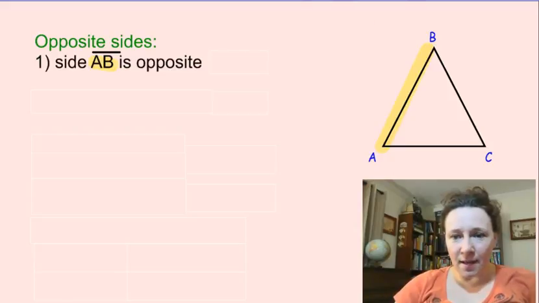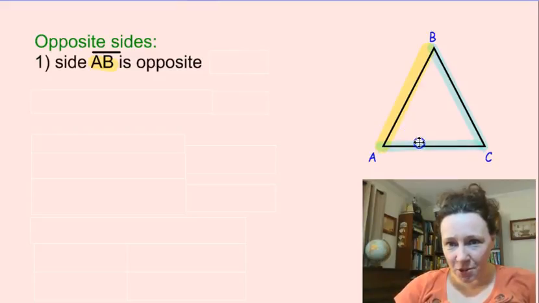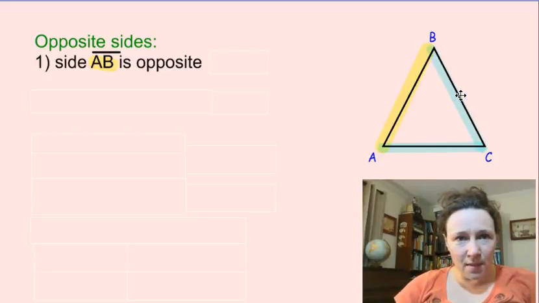And notice that the other two sides, BC or AC, both actually touch the original yellow side. It means that they cannot really be opposite to AB, because when I'm opposite to something, that definitely means that I am not touching it.